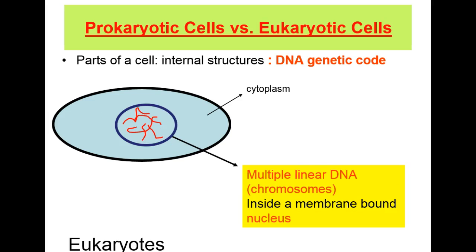On the other hand, in eukaryotic cells, DNA as the genetic code is found as a linear molecule with multiple linear chromosomes inside the nucleus of the eukaryotic cell.